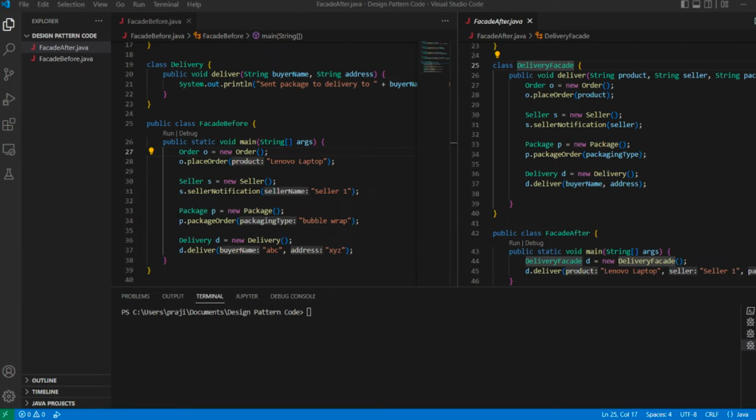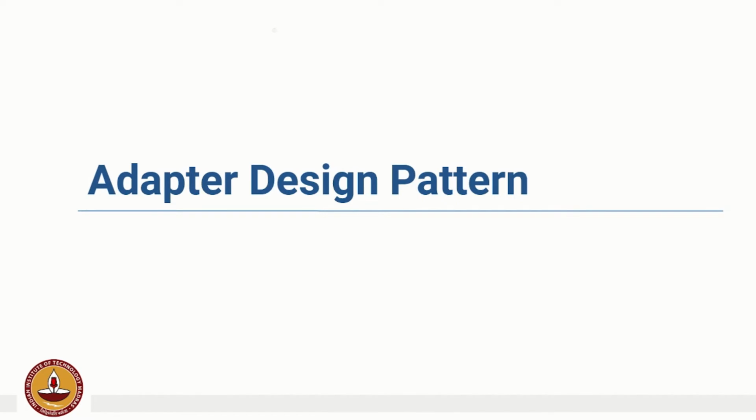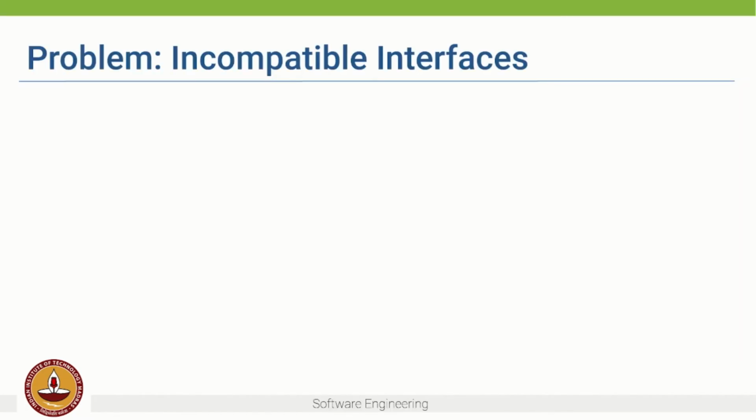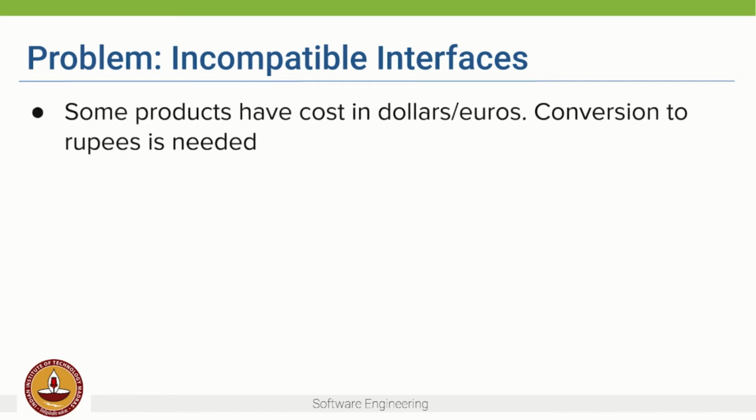Now let's look at the next design pattern, which is the adapter design pattern. So let's look at the problem. Let's take the example of the Amazon seller portal itself.